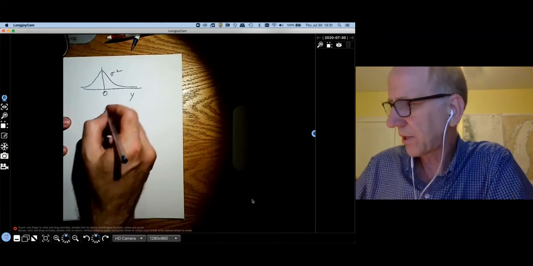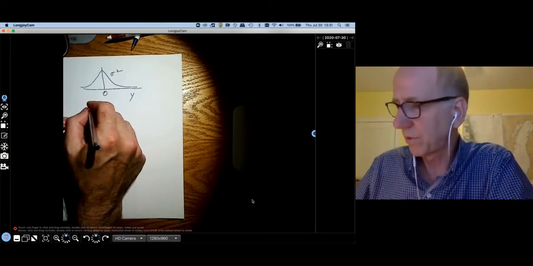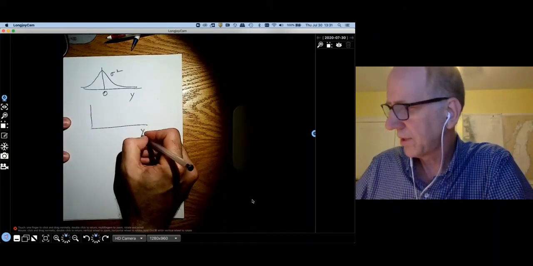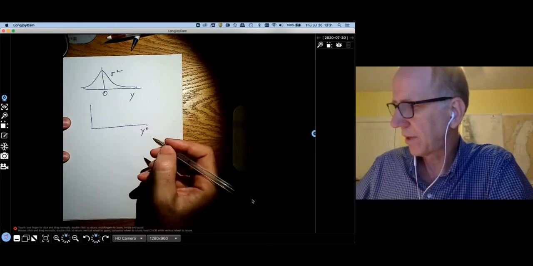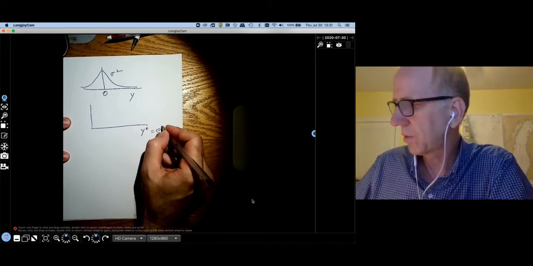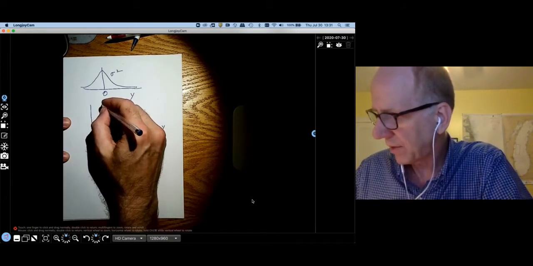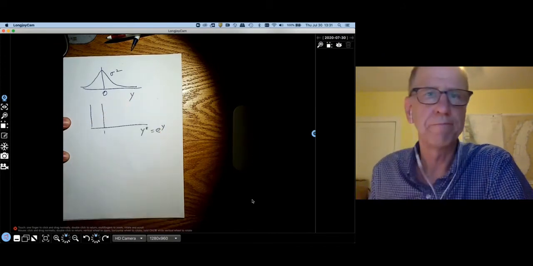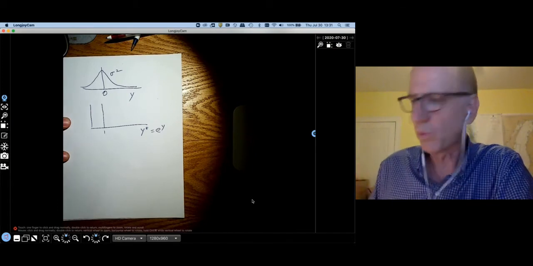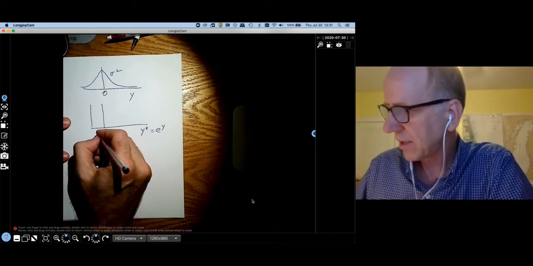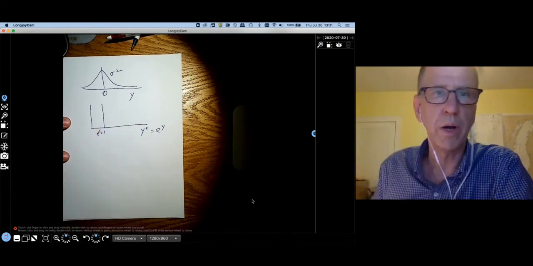Now let's go make ourselves the log normal version of this. So this is the log normal version of it. Y star is equal to e to the y. And there's a very special value, which is 1. Okay, so why is 1 so special? Well, e to the 0 is equal to 1.